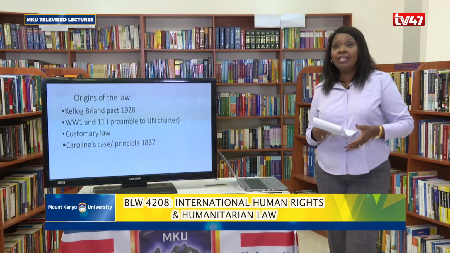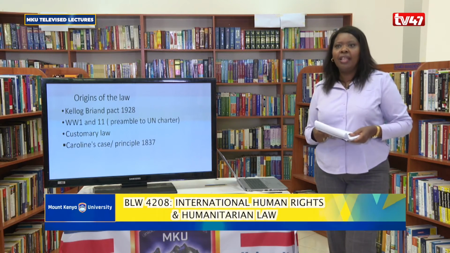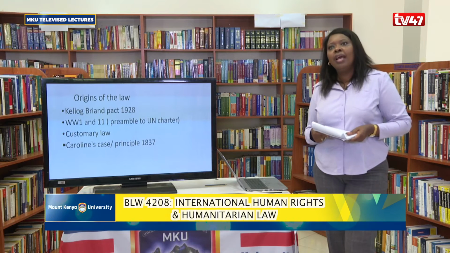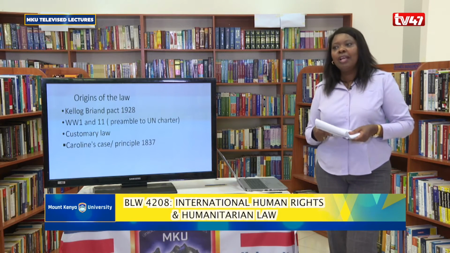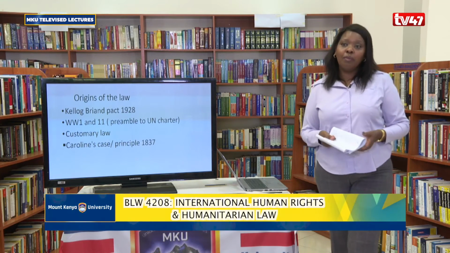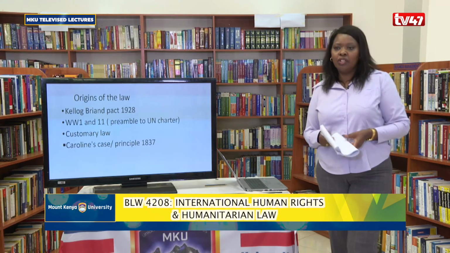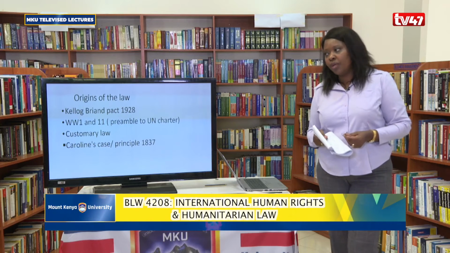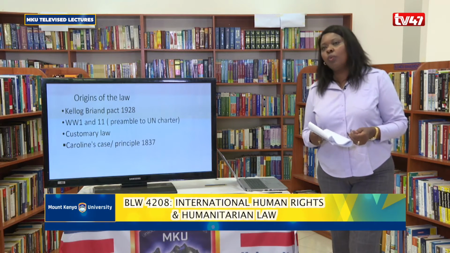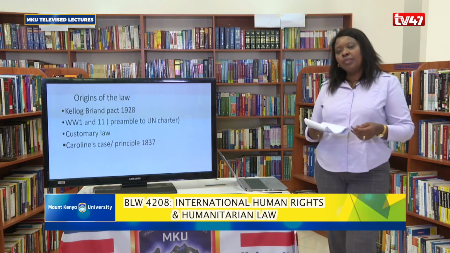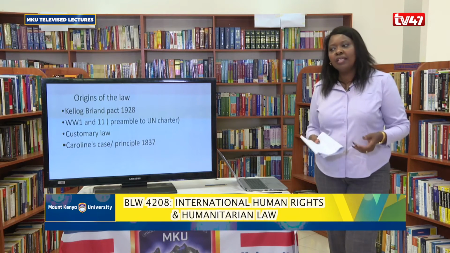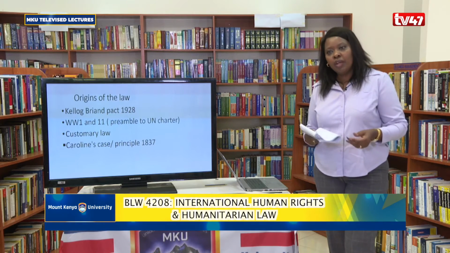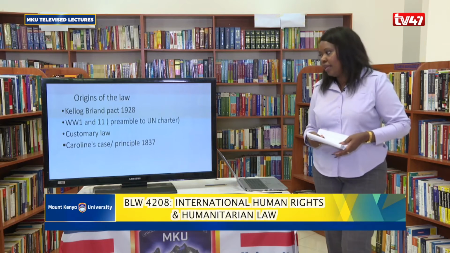All this led the countries to realize that there was a need to come together and look for other peaceful methods. Because of the bombing we saw in Hiroshima and Nagasaki, there was a realization that we could actually destroy our world. So the First and the Second World War made the countries take a step back and think: yes, there is conflict, but how can we mitigate it? How can we handle it?